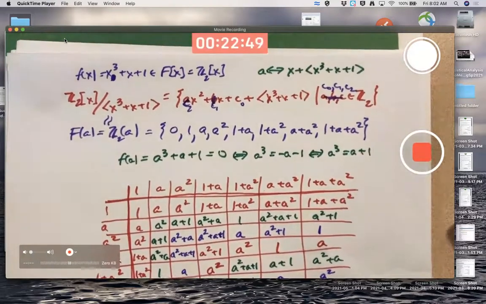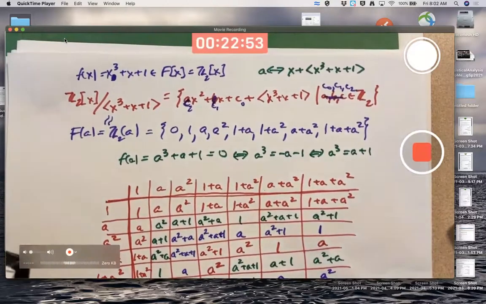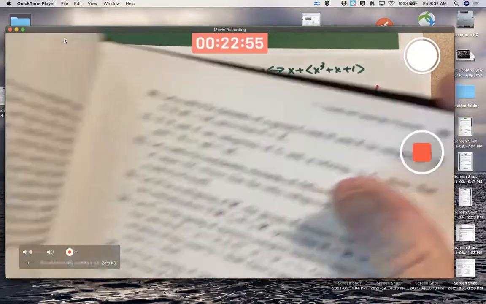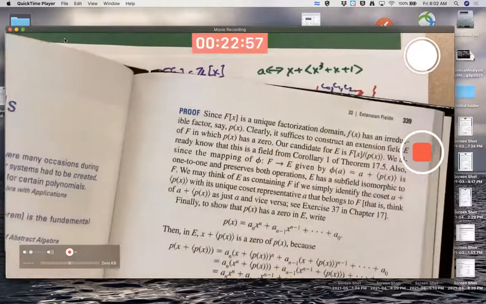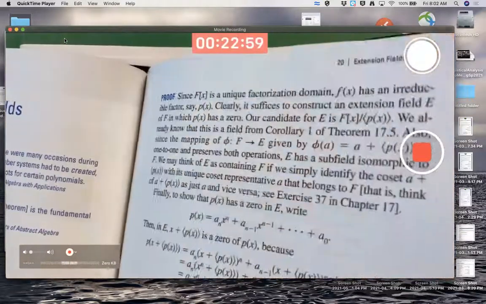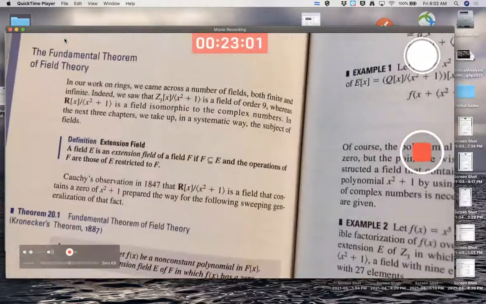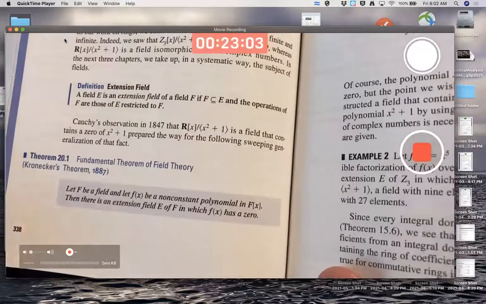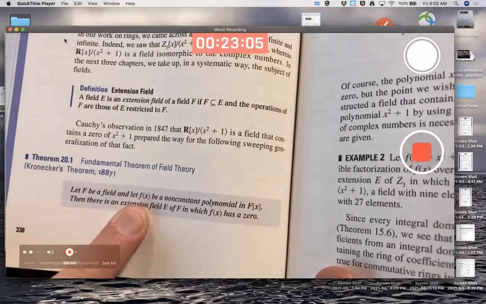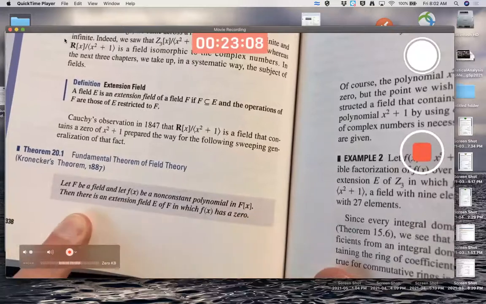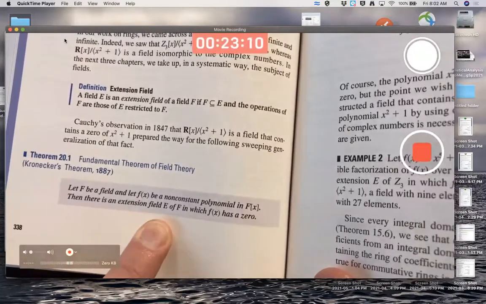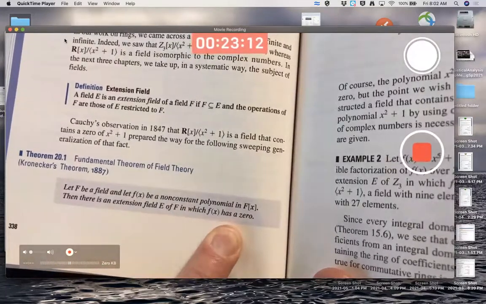In fact, it was really a special case that we did of the general proof of Kronecker's theorem, the fundamental theorem of field theory. Let F be a field, let f(x) be a non-constant polynomial in there. Then there is an extension field of F in which f(x) has a 0.